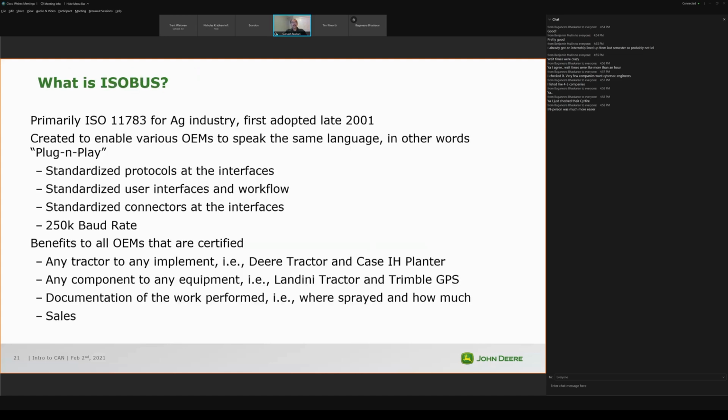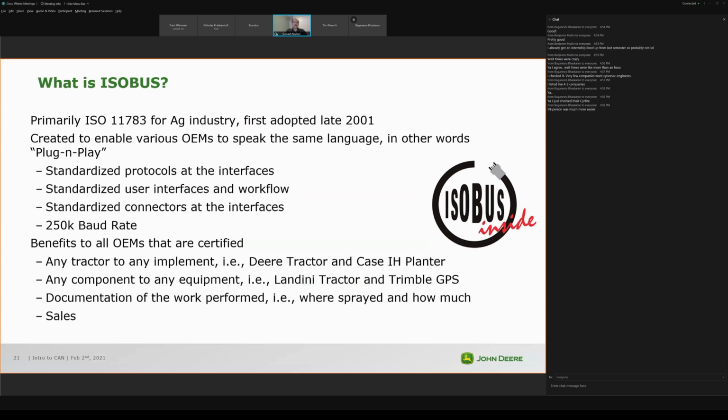ISO 11783 is the agriculture standard, so we call that an ISO bus. When we say ISO bus, the OEM is certified to be an ISO bus. It will get the stamp.